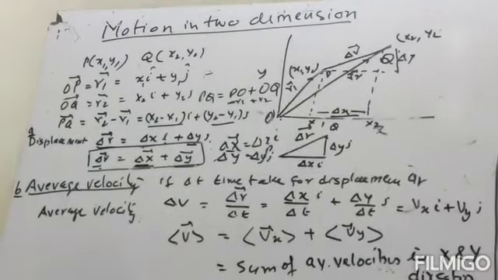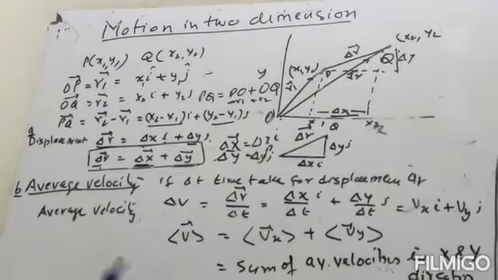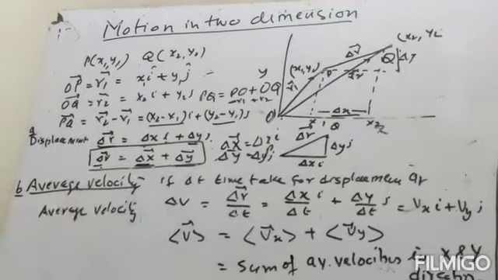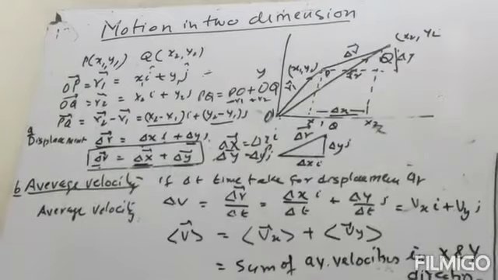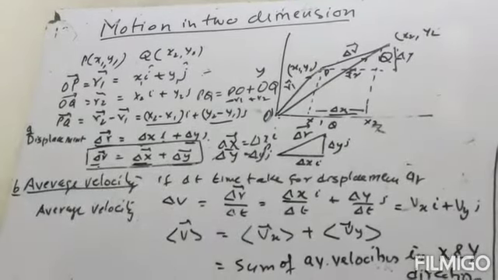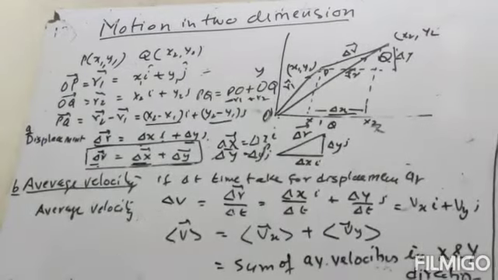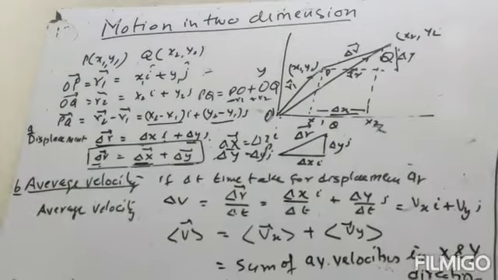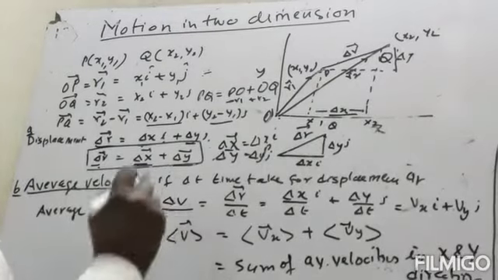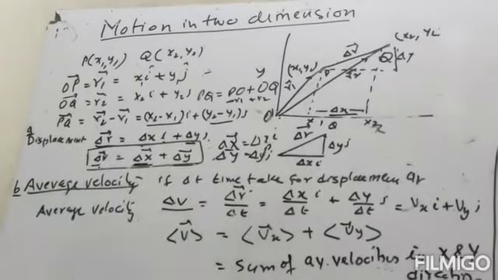Now we find the average velocity. What is the average velocity? Average velocity is the change of displacement in unit time. Average velocity will be equal to delta r vector divided by delta t.